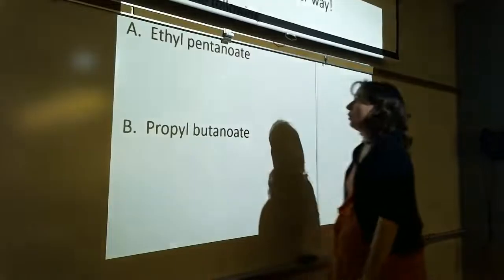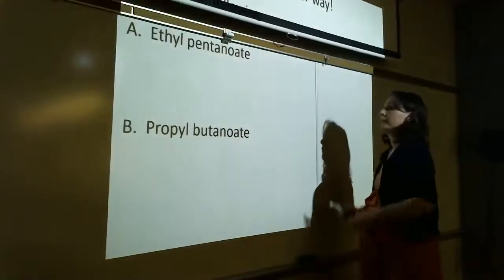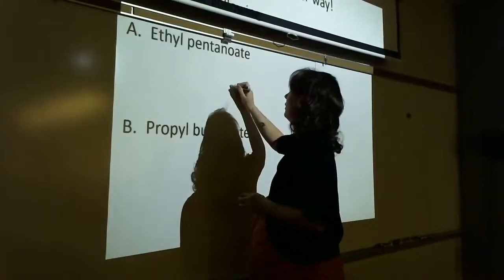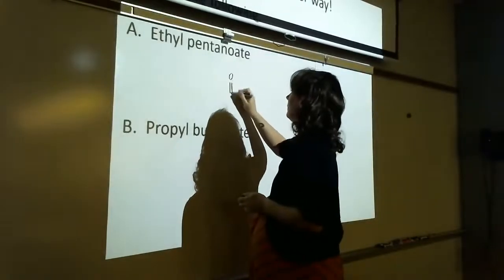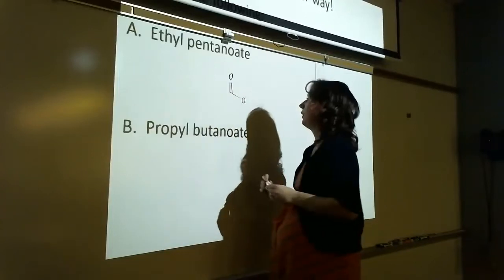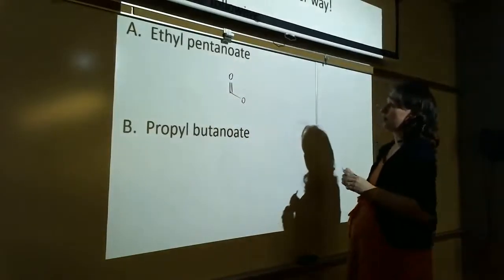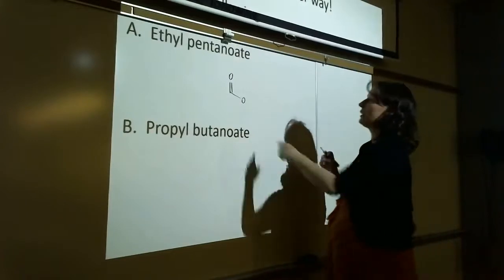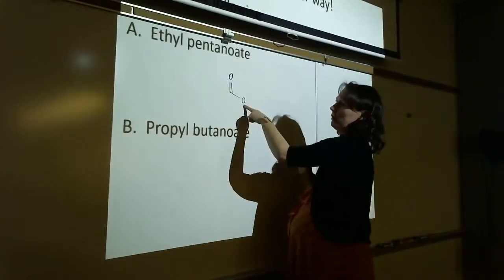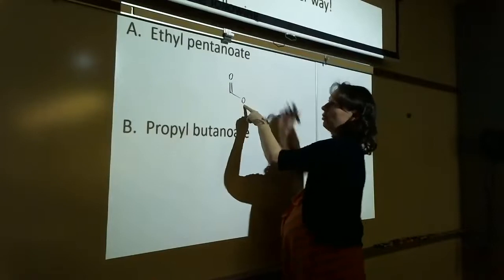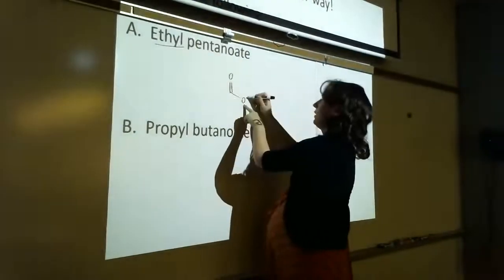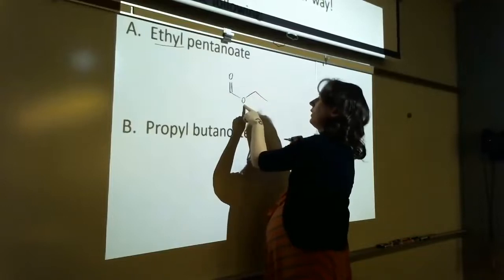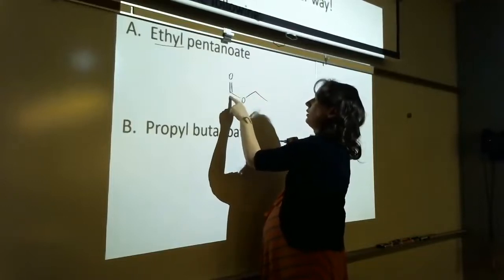So if it's ethyl pentanoate, let's start by drawing the carboxyl group, I mean, not the carboxyl group, the ester group, and then just figuring out what goes on each side. So what's going to be attached to the O? The ethyl, right. So that's going to be how many carbons? 1, 2, good.